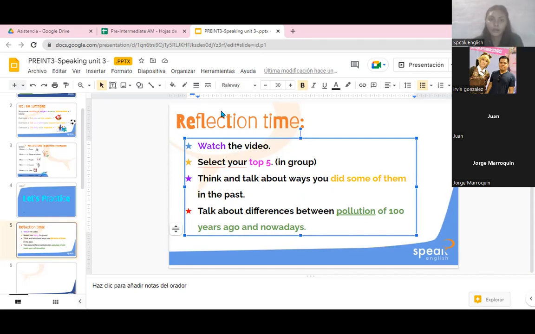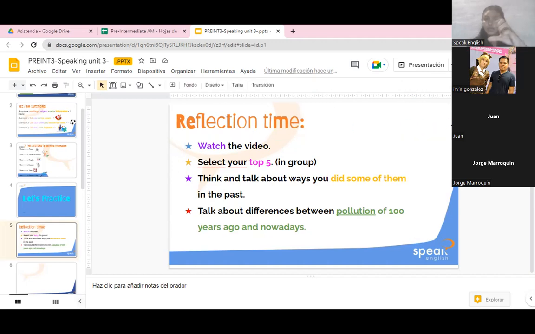If you want, Jorge, you can take a screenshot of the instructions. Okay, give me a moment. Well, I take it. Okay.